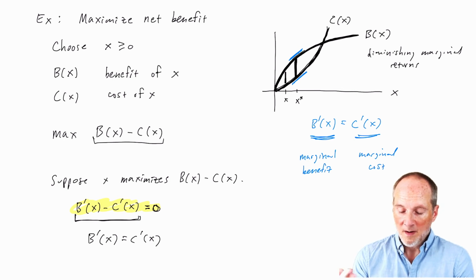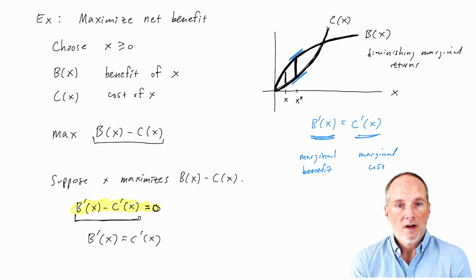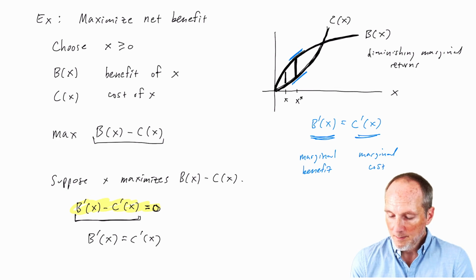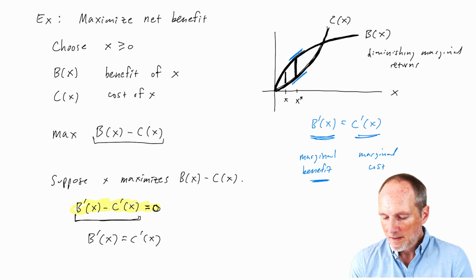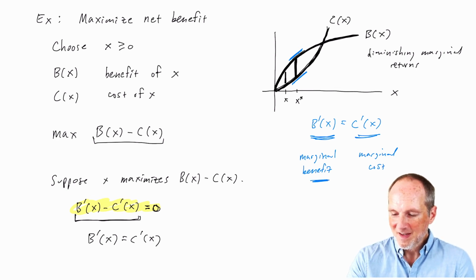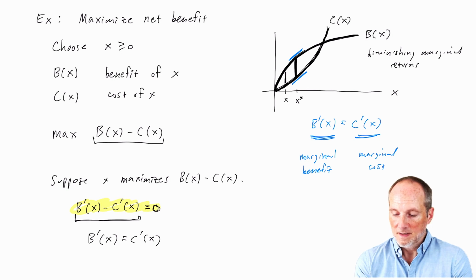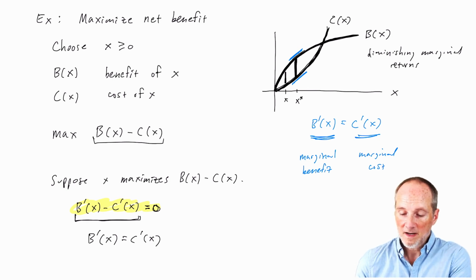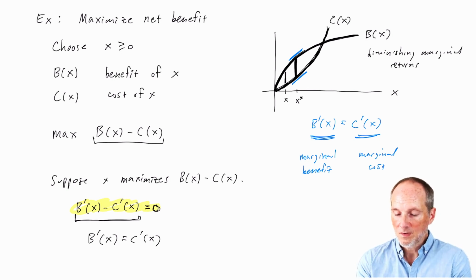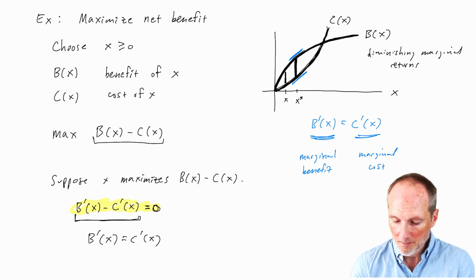So at the optimal scale, marginal benefit equals marginal cost. Okay. Intuitively, marginal benefit means it's the rate at which the benefit increases as you increase the scale. Marginal cost is the rate at which the cost increases. Those two have to be exactly equal. And there you go.